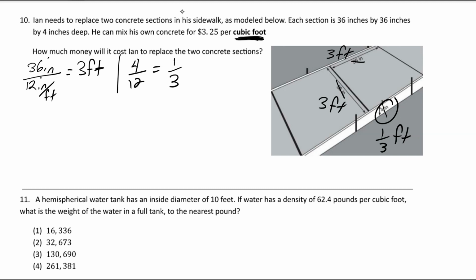Right, so this looks like a rectangular prism to me. I'll find the volume of one of them. 3 times 3 times 1/3, length times width times height. So the volume of one of my prisms is 3 cubic feet. But Ian has 2 concrete sections that we see here, right next to each other.